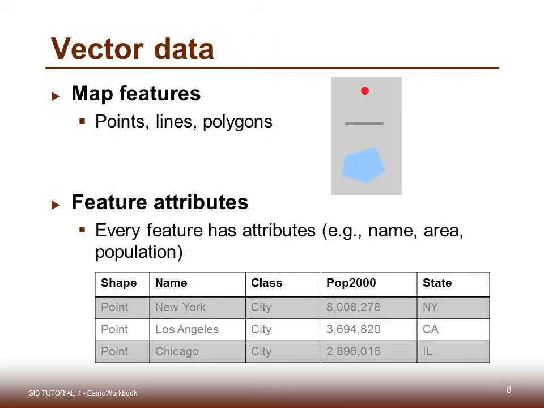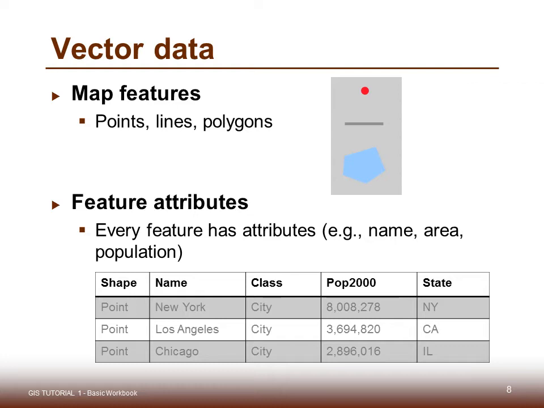GIS data can basically be categorized into 2 different categories in terms of different types of data, and that is vector data and raster data. Vector data is best used to summarize features that have a clear definition. In other words, they can be understood as being discrete features. They can be identified and described in simple terms as either a point, a line, or a polygon.